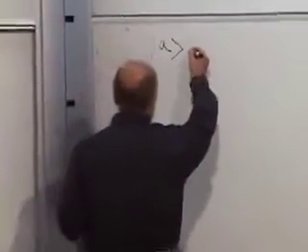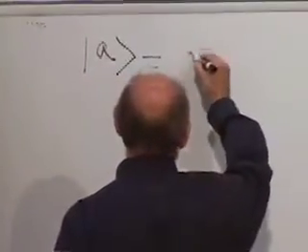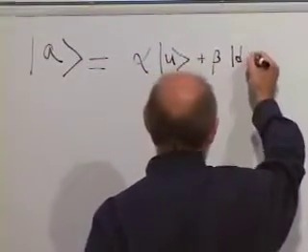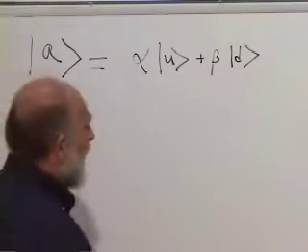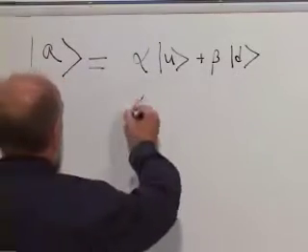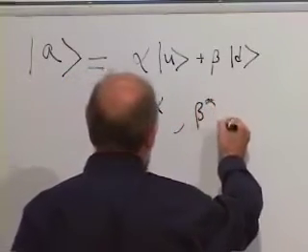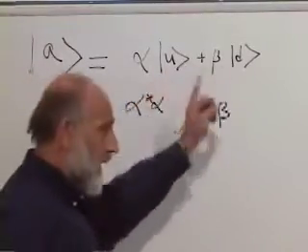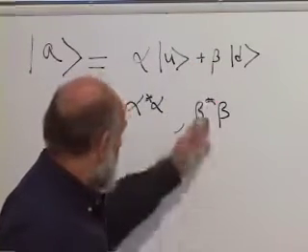In fact, in the particular simple case that we studied, which was the two-level system, we could describe this as alpha times the up state, for example, plus beta times the down state, where alpha and beta are complex numbers. The coefficients here are such that alpha star alpha and beta star beta are the probabilities that if you were to measure up or down, you would measure up with probability alpha star alpha, down with beta star beta.